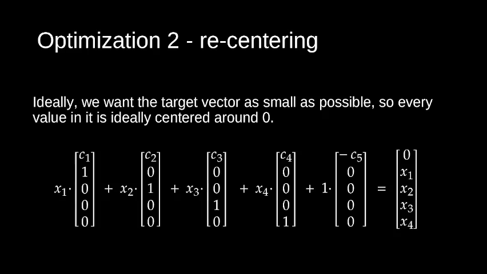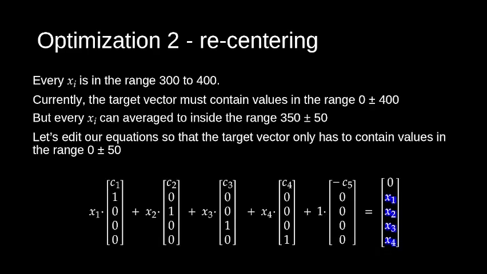Ideally, we want the target vector as small as possible, so every value in it is ideally centered around 0. All of our x's are between 300 and 400, but currently the target vector contains values 0 plus minus 400, because that's the upper bound.